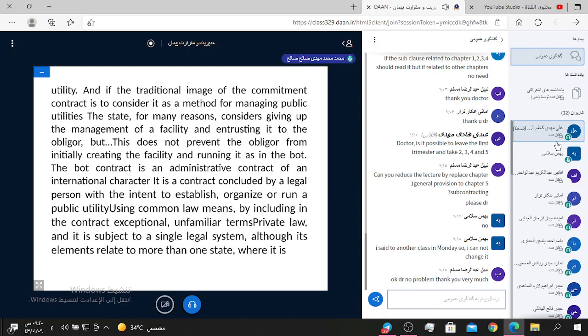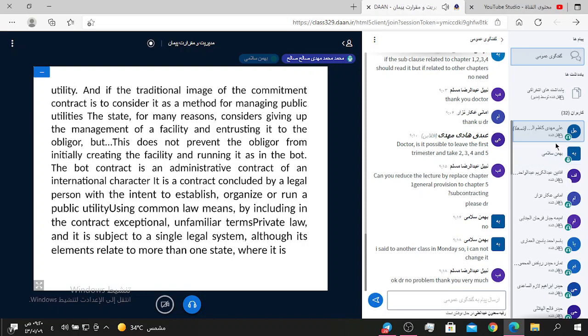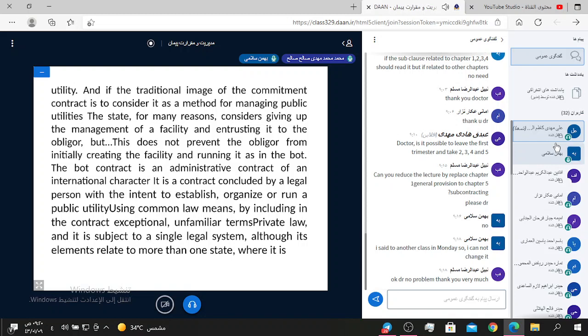The international image of the concession contract is to consider it a method for managing public facilities. The state, for many reasons, considers giving up the management of a facility and entrusting it to the obligor. But this does not prevent the obligor from entirely creating the facility and running it, as in the BOT.